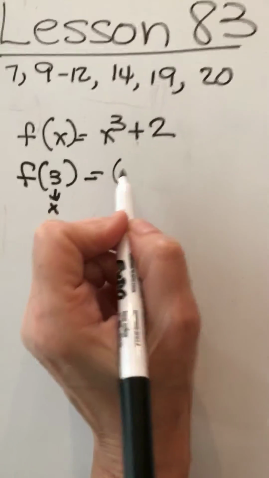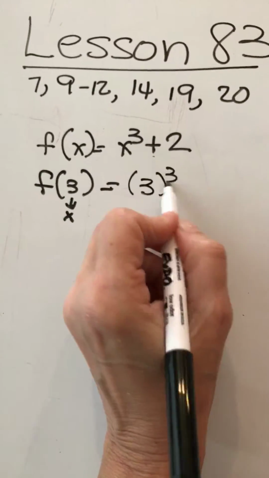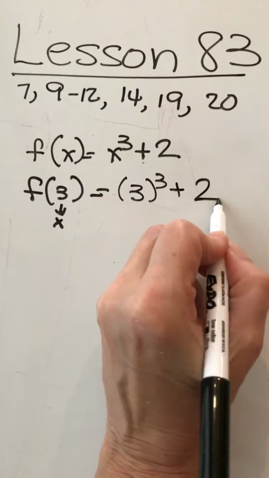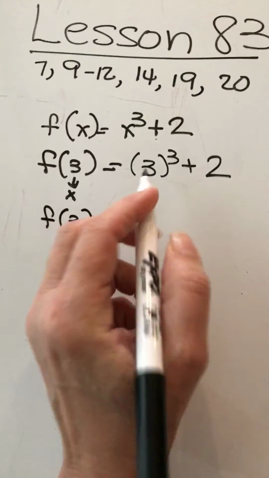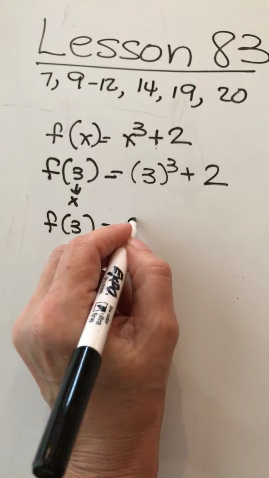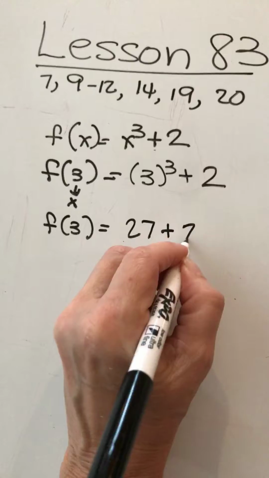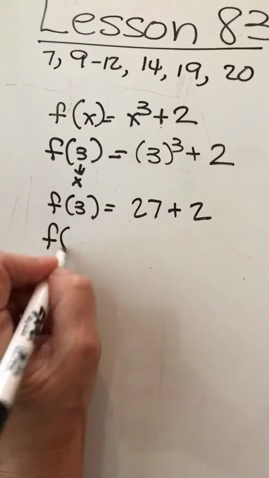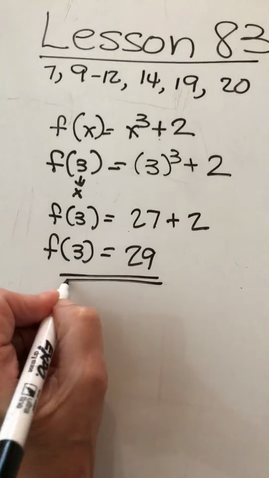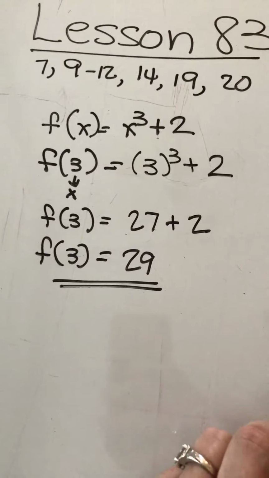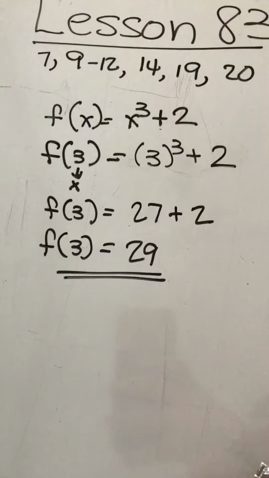So it's 3 cubed plus 2. So f of 3 equals 3 cubed, which is 27, plus 2. Our f of 3 is equal to 29. That is our solution, problem number 7.